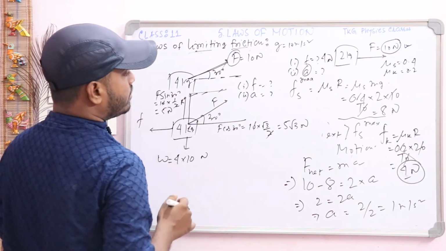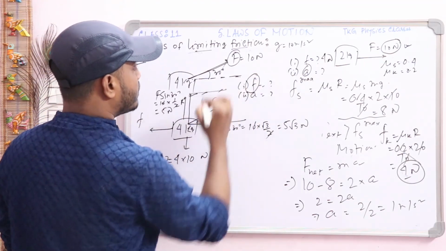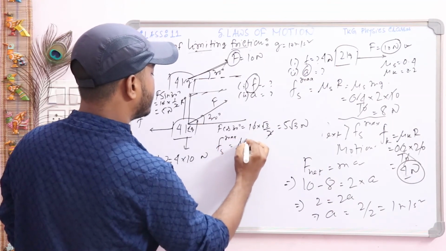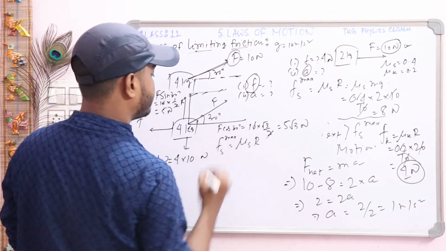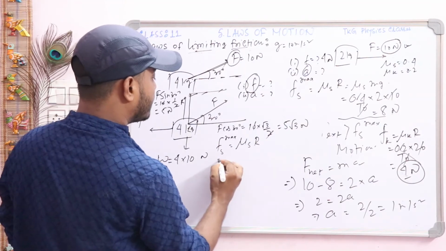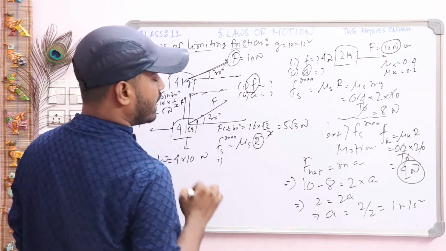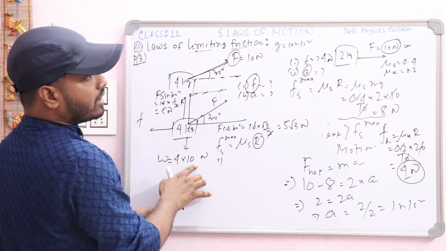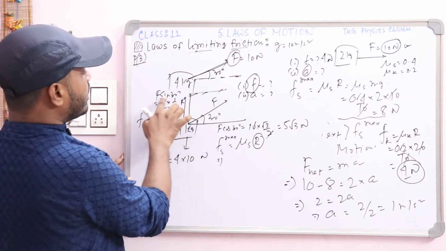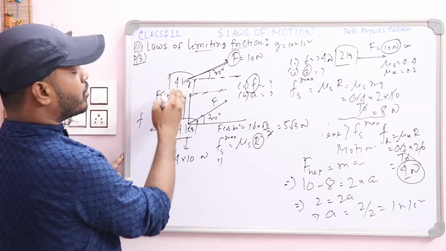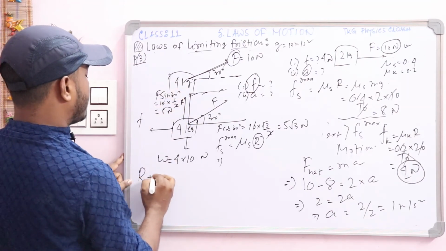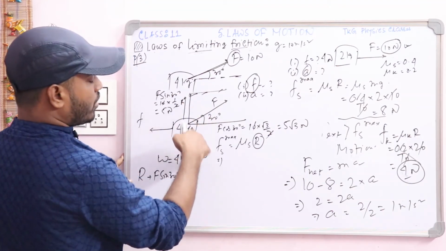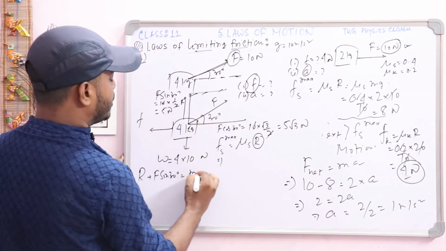Now you observe, to find fs max, you know the formula, that is mu s into R. But at first you have to find R. Here R is not equal to m into g. Here R and F sin 30 are directed vertically upward. So R plus F sin 30 equals the downward force, that is mg.